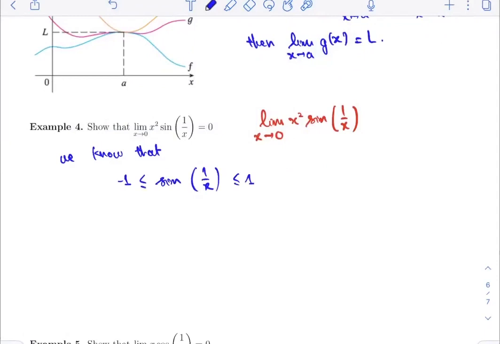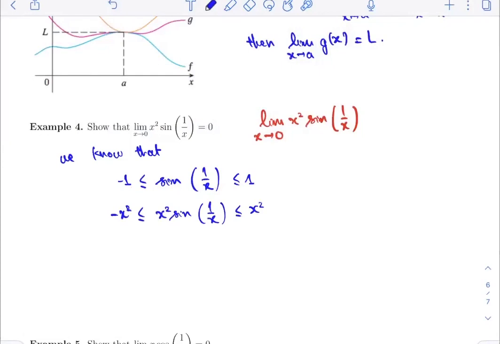So this creates the three functions, f of x, g of x, and h of x. And to get the function x squared times sine of 1 over x, I'm going to multiply every term in this inequality by x squared. So that means I get -x squared less than or equal to x squared times sine of 1 over x less than or equal to x squared.